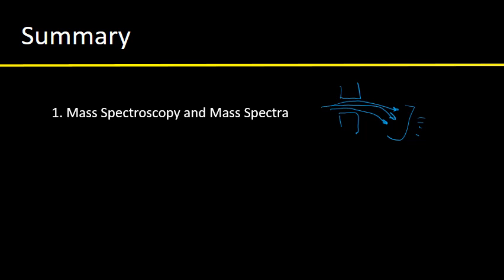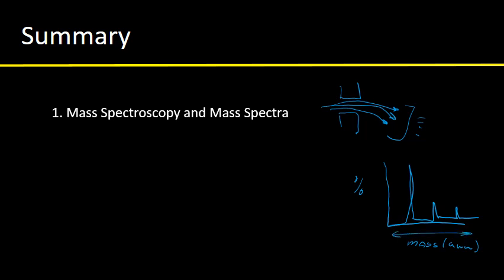Right? You should also be able to interpret these mass spectra. Here's one with 3 different isotopes, where you have the percent abundance on the y-axis and the mass in atomic mass units on the x-axis, right?